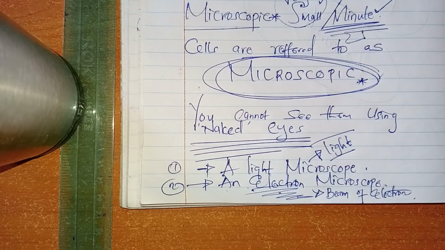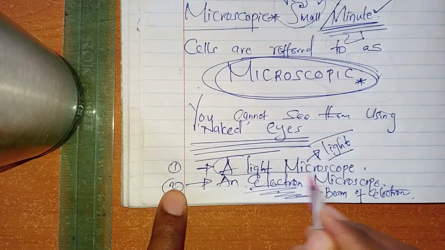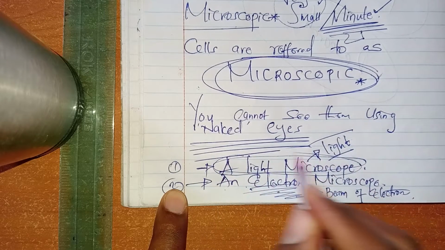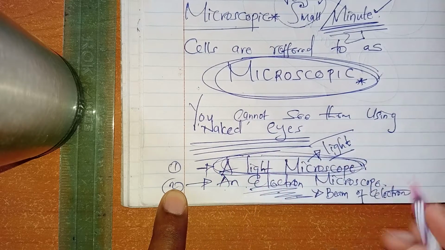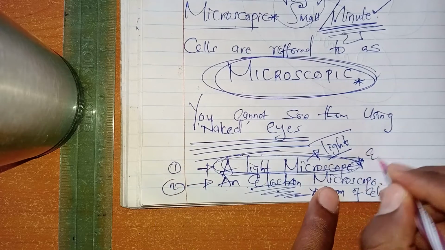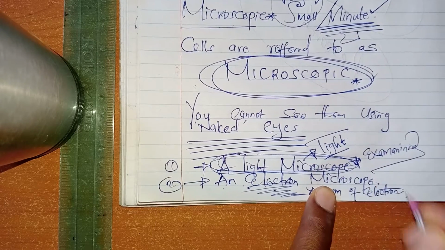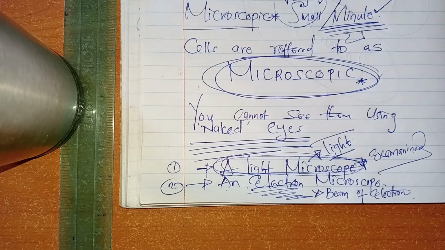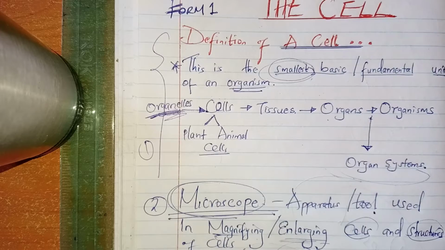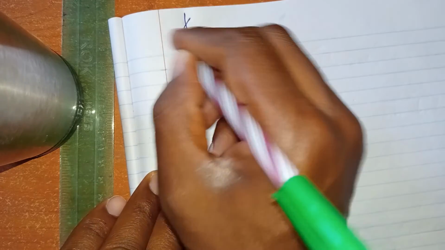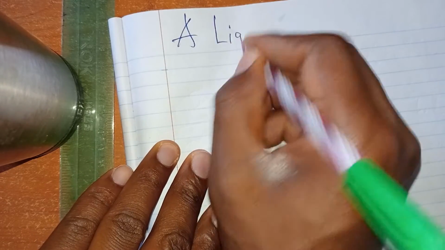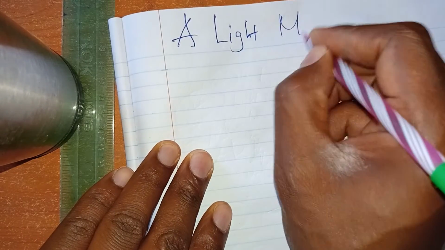Now, we shall base ourselves more importantly on a light microscope because it is the most common and the one that is examined most of the time. So our next thing, as I open up another page, is to teach you about a light microscope.